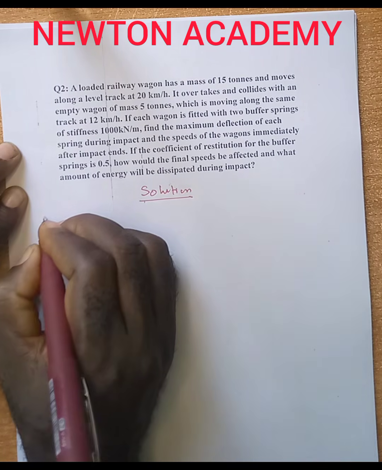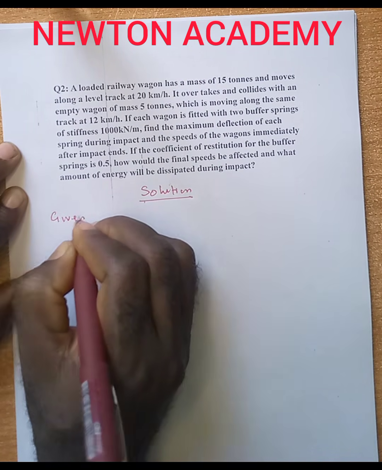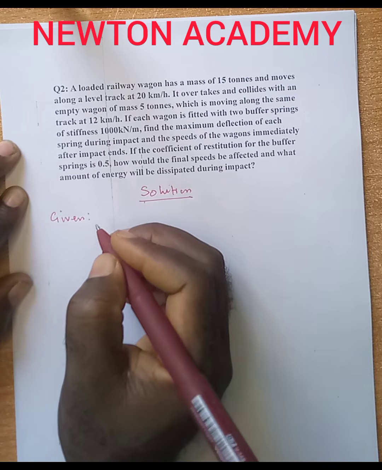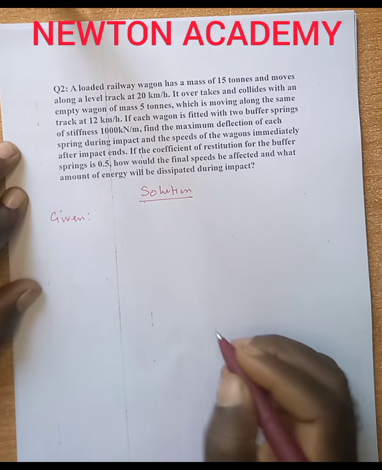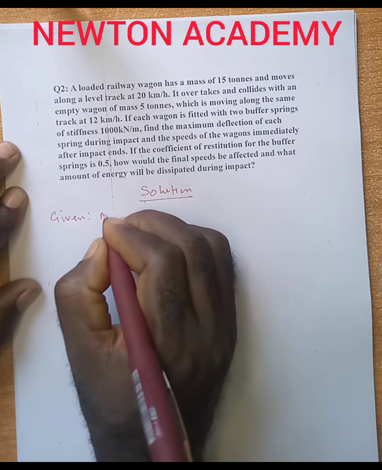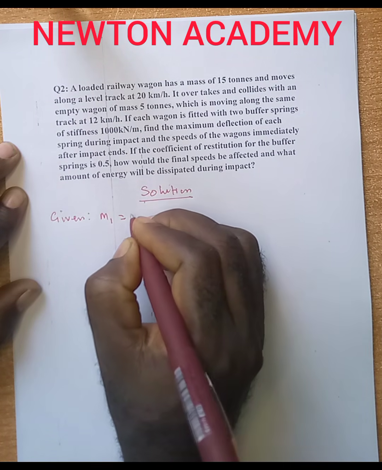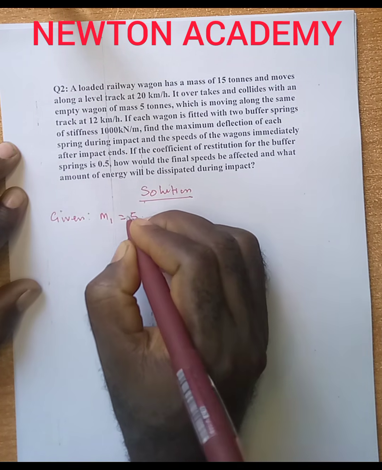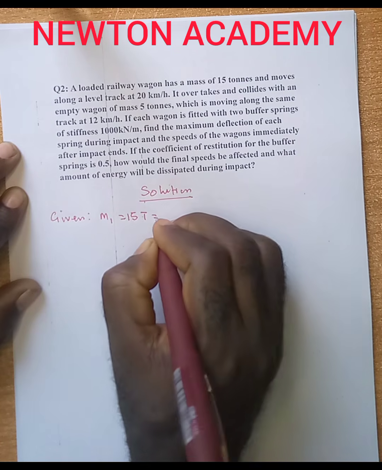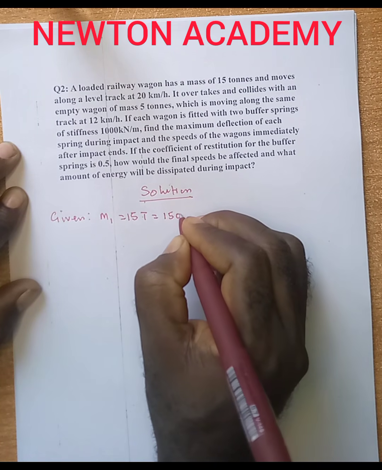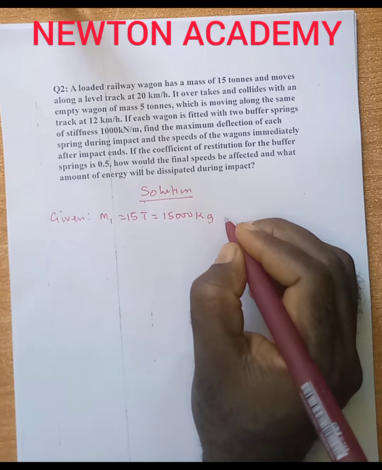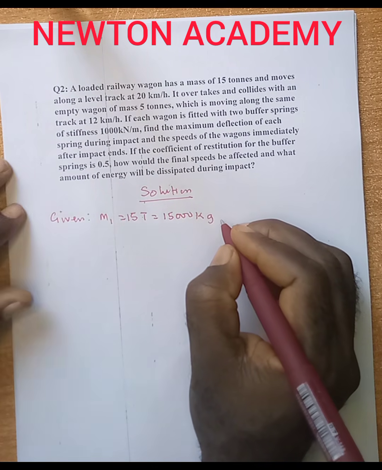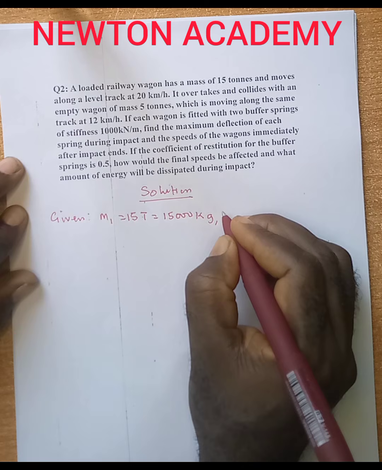Now let us itemize our given. We are given the mass of the loaded wagon, let it be M1, which is 15 ton, which is equal to 15,000 kilogram. And we're given the initial speed of the loaded wagon.